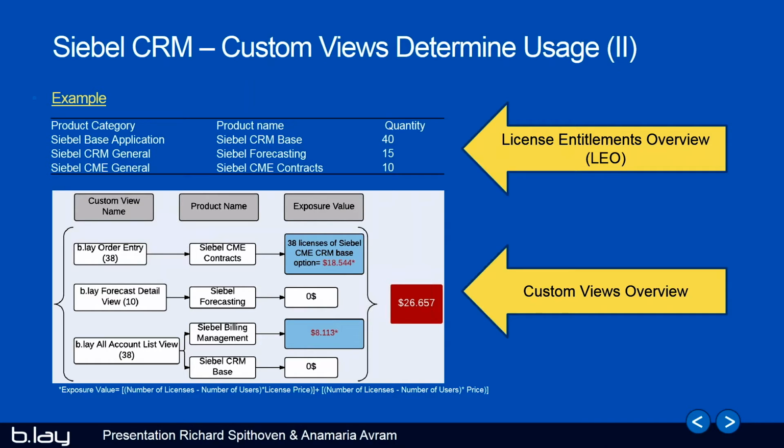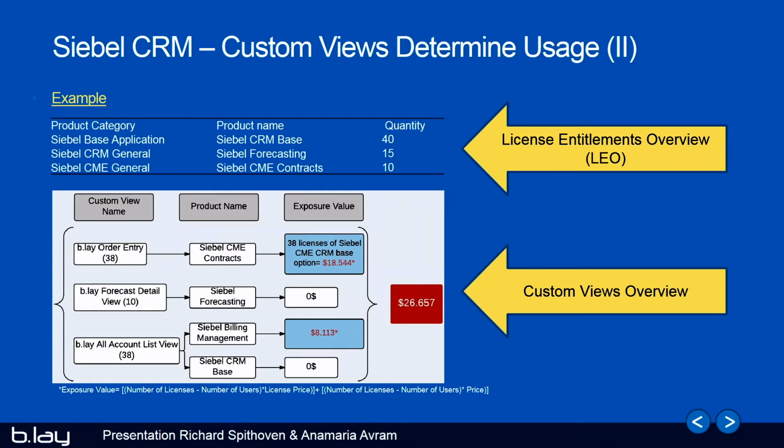Why? Because the customer is licensed for the horizontal base product, which is CRM base, and in order to be licensed for the Siebel Communication Media Energy contracts, you also need to have the corresponding bases for this product, which are the vertical ones, the Communication Media Energy base.